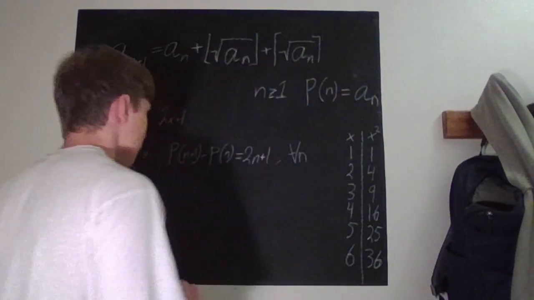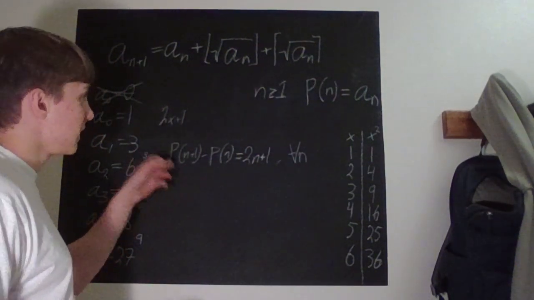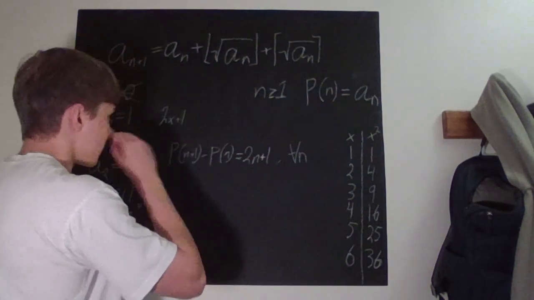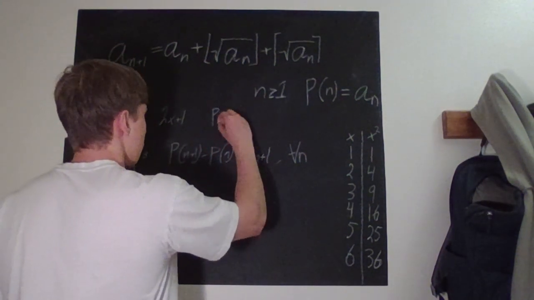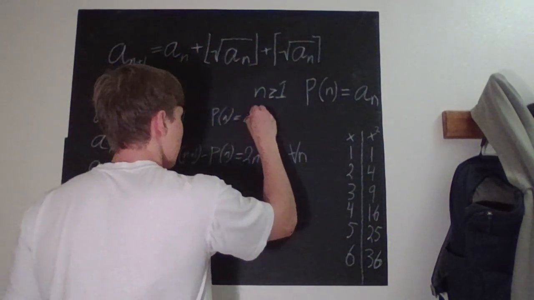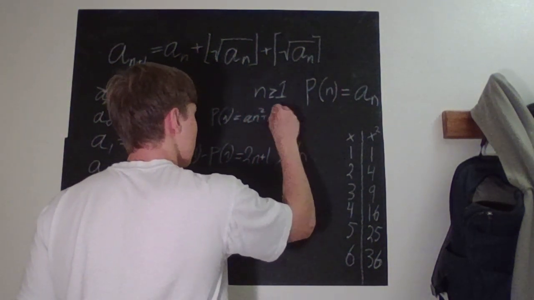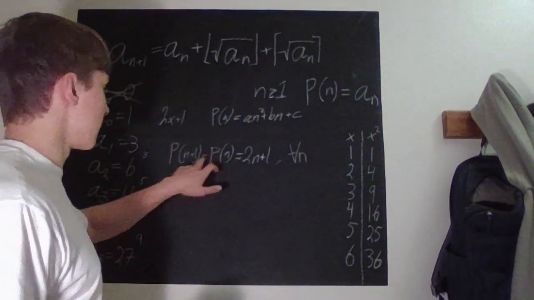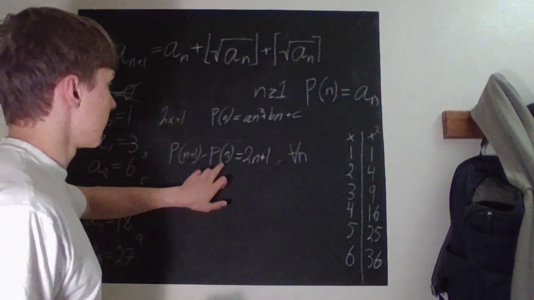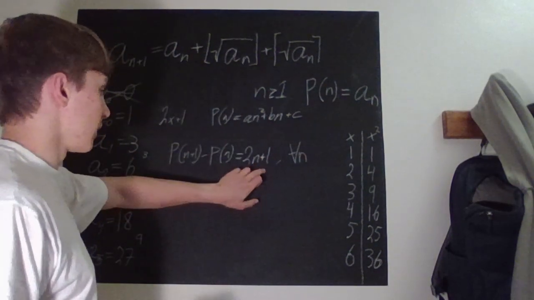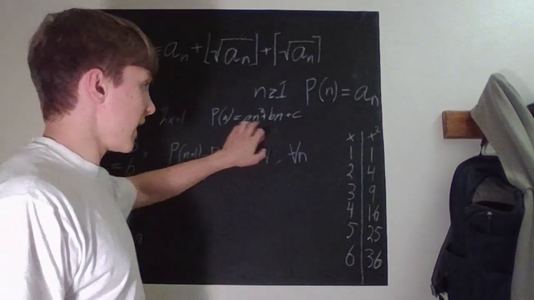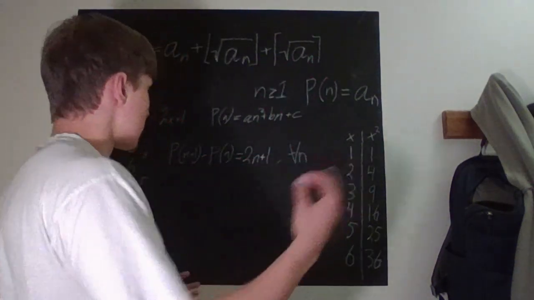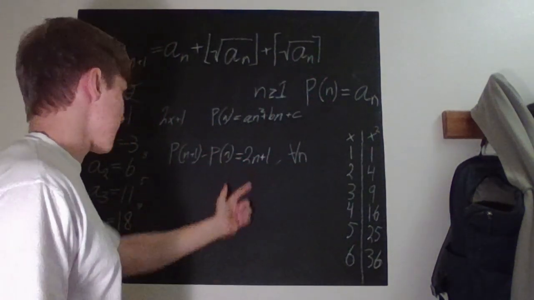So basically all we have to do now is just say that p is some general polynomial. We'll just call p of n equal to a n squared plus b n plus c. And then we just plug in n plus 1, and then minus this, and we find out what a and b and c are for this to be true for all n.